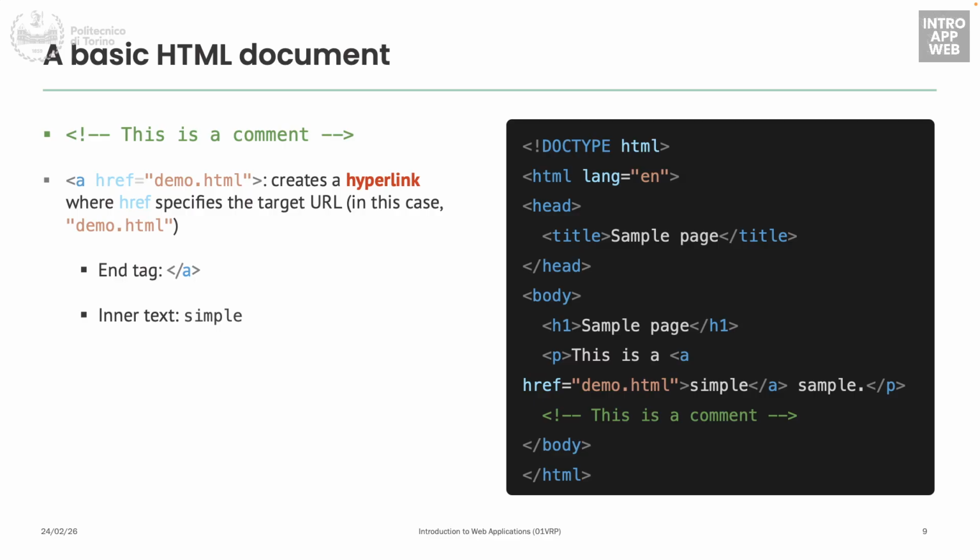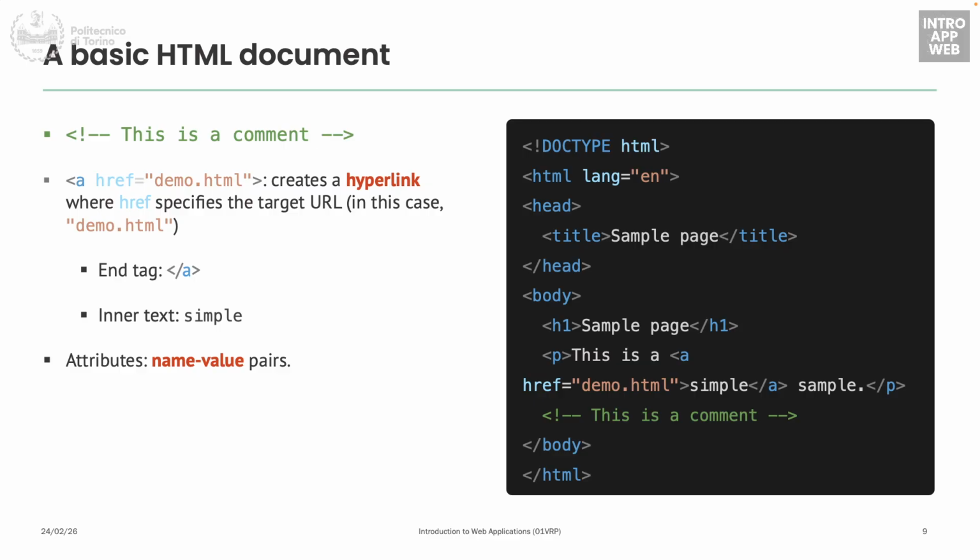You will see a piece of text, in a different color or something like that, that might give you a hint that you can click on that. And that piece of text that will be linkable will be simple, right? Because you see that simple is the portion of text that is within the A tags. So the inner text of the link is simple. The end tag is always /A.